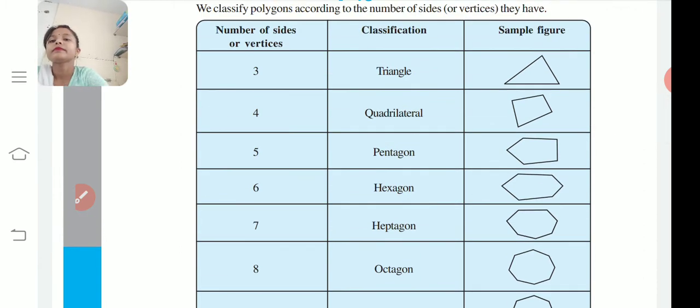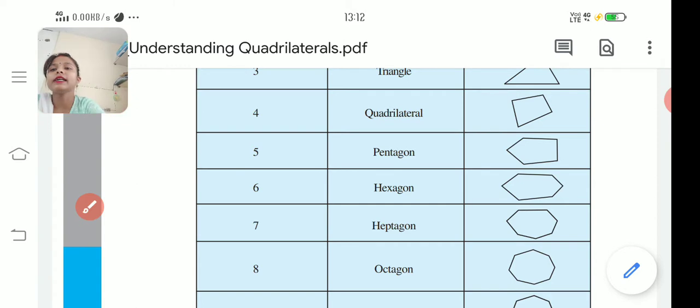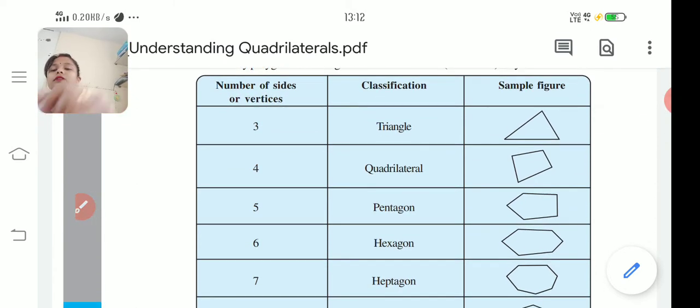Now if only 3 sides are there, then the figure will be a triangle.